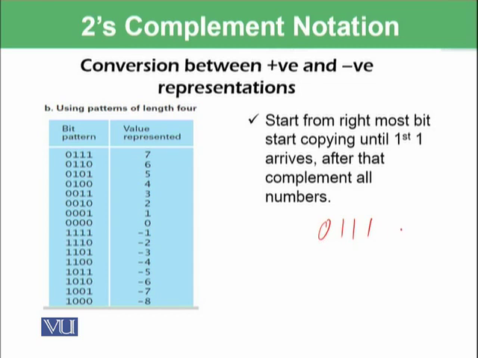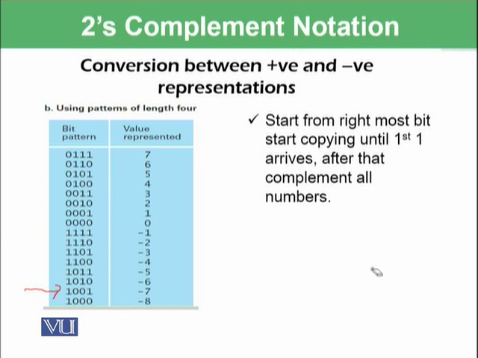You start from the right side until the first one is reached. We have reached the first one immediately, and after that all of the ones are changed to 0 and 0 is changed to 1. So this will form 1001, which is representing -7. So let's see another example.